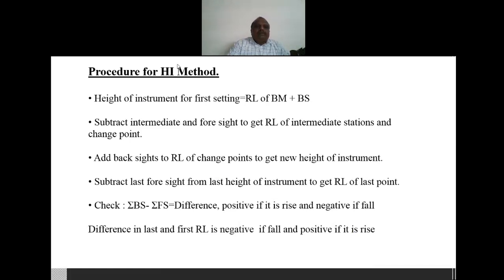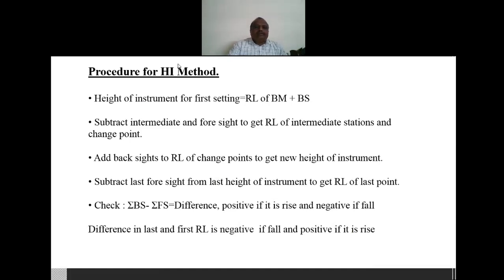By using the height of instrument method, let us see how to determine the RLs, the elevations, of the respective points. For the first step, to calculate RL we need to calculate the height of instrument.